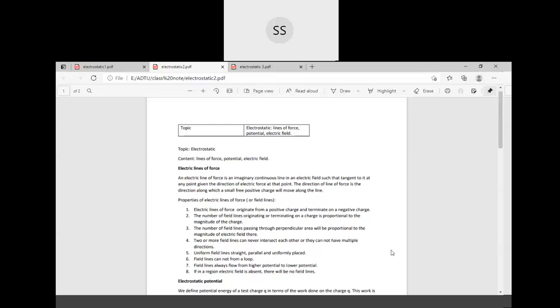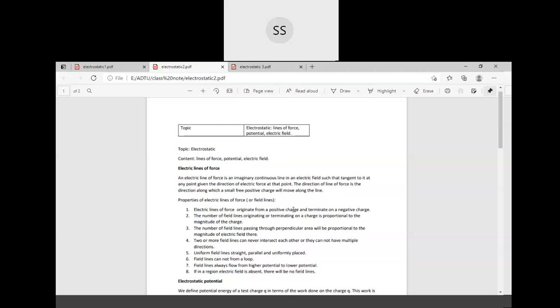Electric lines of force or electric field lines. An electric field line is an imaginary continuous line in an electric field such that the tangent to it at any point gives the direction of electric force at that point. The direction of lines of force is the direction along which a small free positive charge will move along the line.